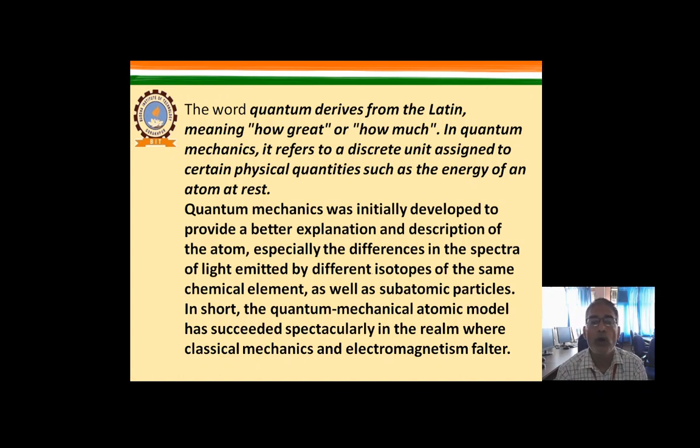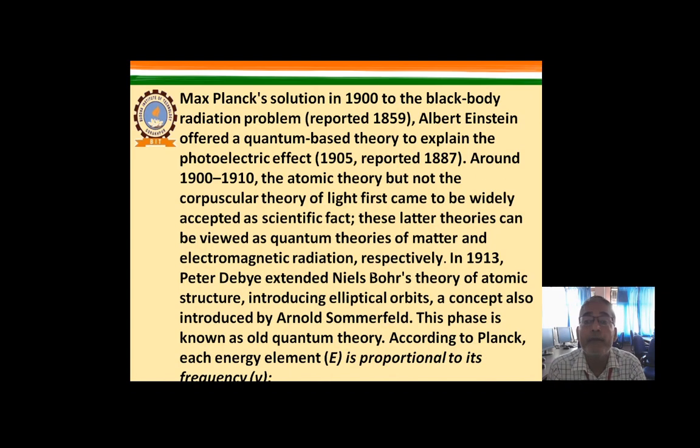Quantum mechanics was initially developed to provide a better explanation and description of the atom, especially the differences in the spectra of light emitted by different isotopes of the same chemical element, as well as subatomic particles. In short, the quantum mechanical atomic model has succeeded spectacularly in the realm where classical mechanics and electromagnetism falter.